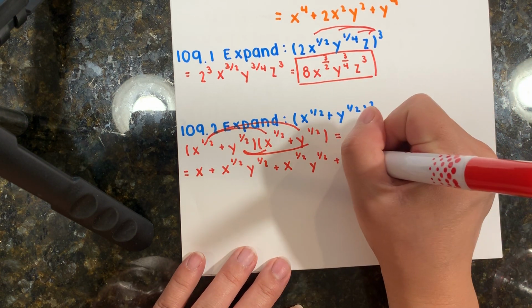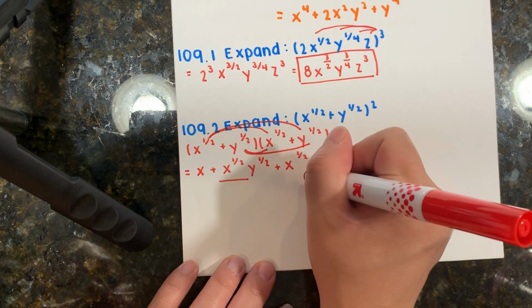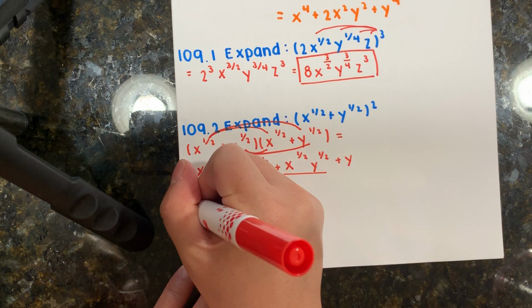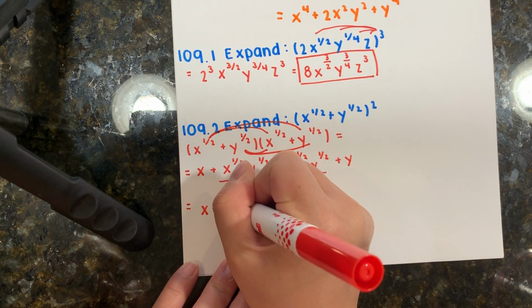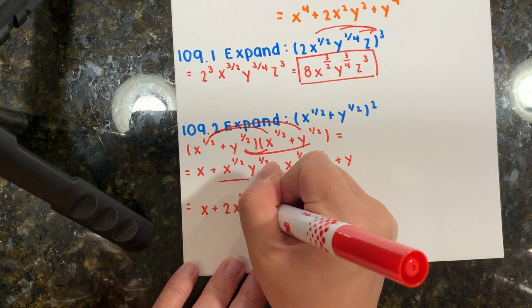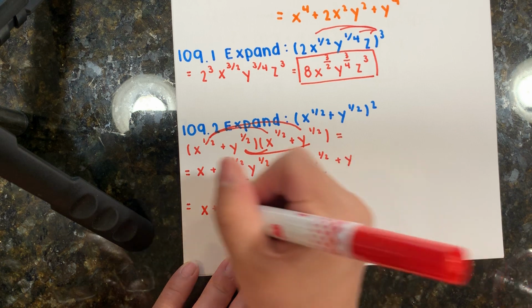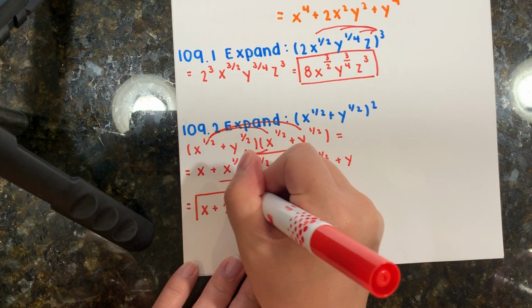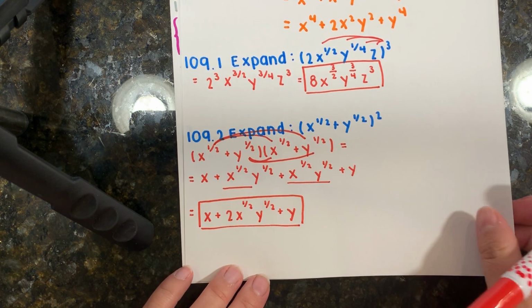So 1/2 plus 1/2 would be 1 whole, meaning that I can just combine these two middle terms because they have the exact same exponents. So I have x plus 2, x to the 1/2, y to the 1/2, and then plus y. So you distribute, simplify, and that's it.